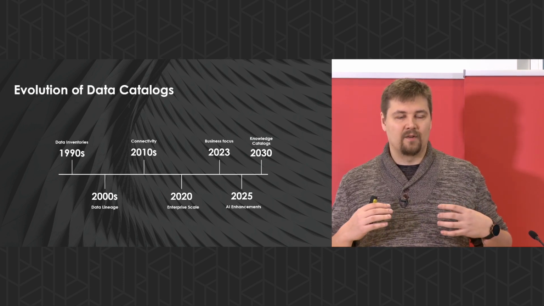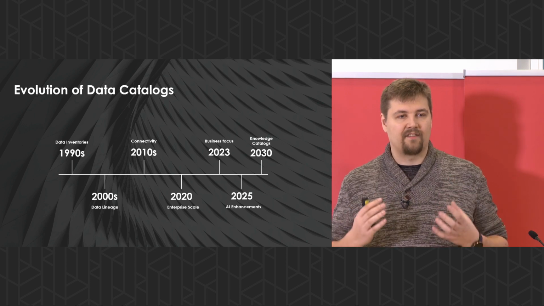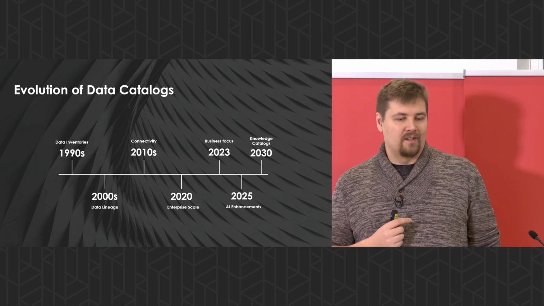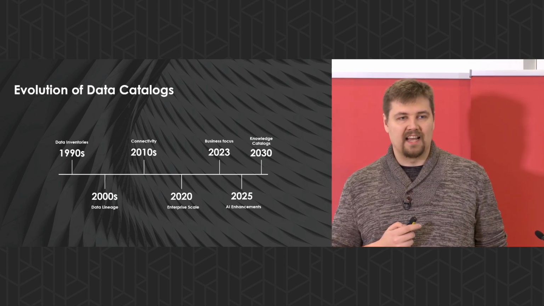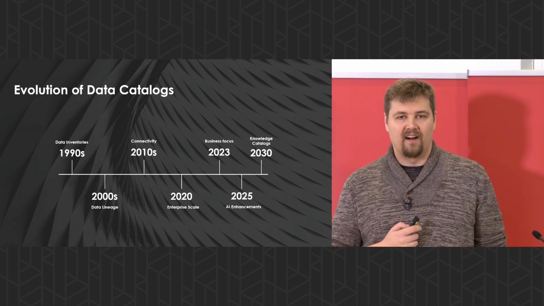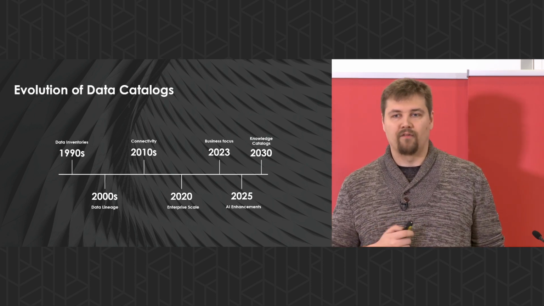And we are trying to build knowledge graphs around the organization, and to build a so-called digital twin of an organization. And that's certainly something that data catalogs are in a position to evolve towards.